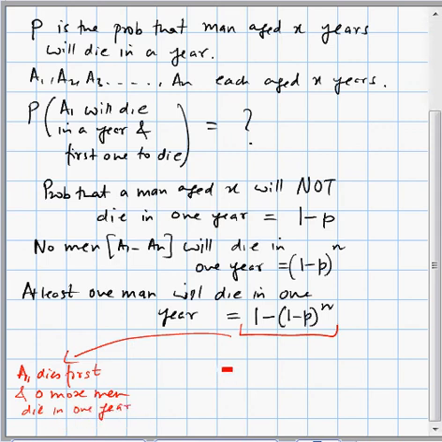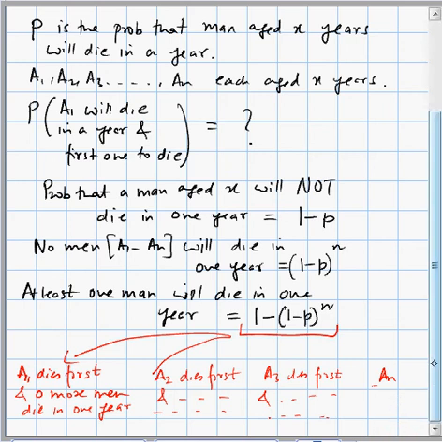So this is the case that A1 is the first one to die, and after that 0 or more men will die in 1 year. And then another case is A2 dies first and the rest is the same, 0 or more men die in the next 1 year. A3 is the first one to die, and then the same. So it goes on. The last case will be An dies first and then 0 or more men die in 1 year.